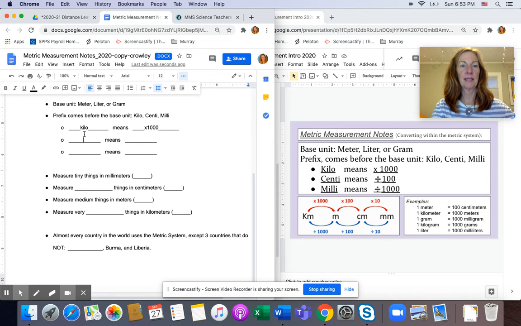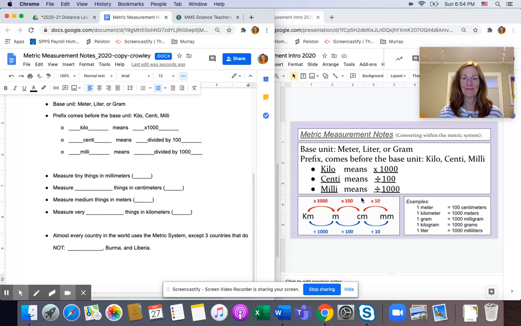And then here we have centi. Centi means divided by 100. Okay, and then we have milli. Milli is very small. Milli means divided by 1,000. All right?